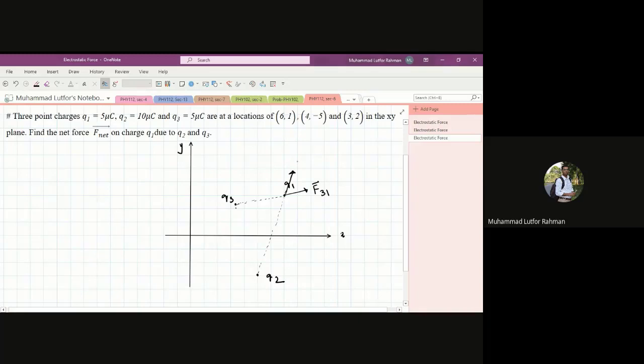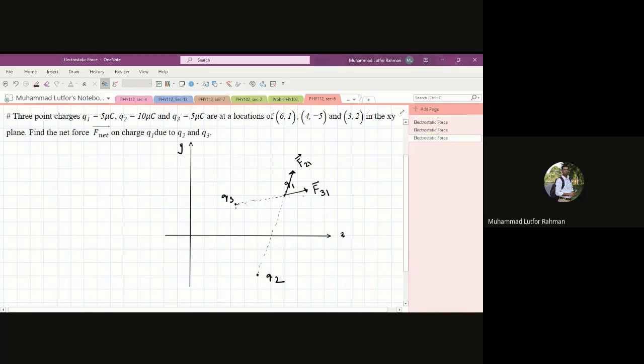This is the force on 1 provided by 2. I have to find the net of F21 and F31.